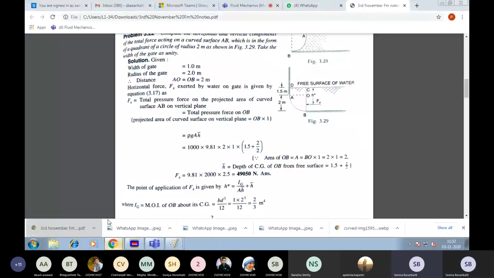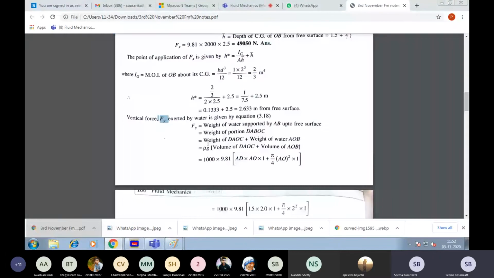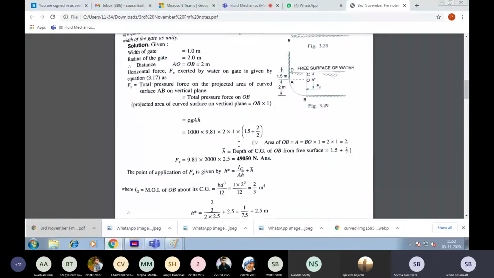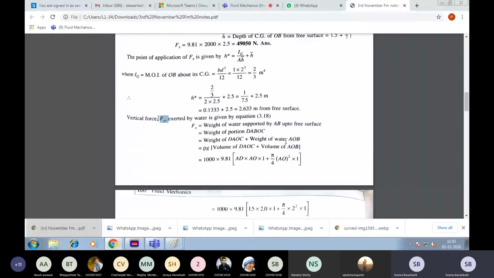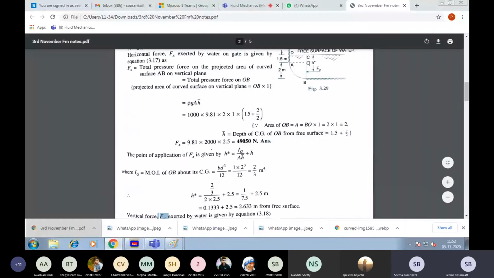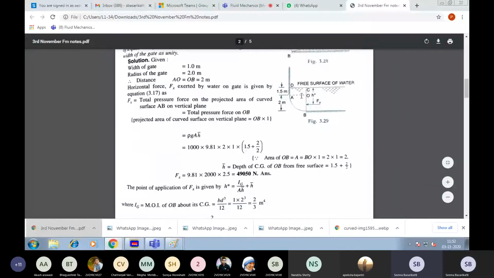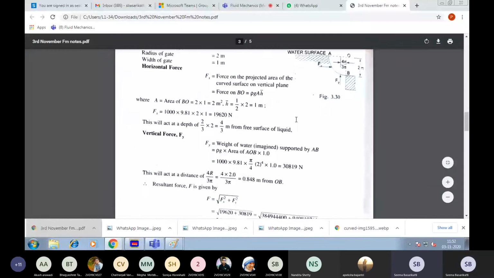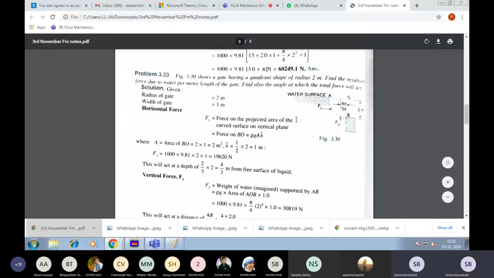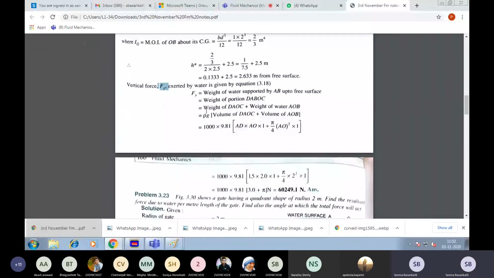So weight is the weight of DAOC, this rectangular portion, plus the weight of water AOB, because these two portions are different. Taking rho g into, do you know how this equation came?